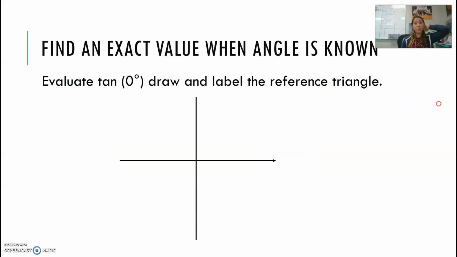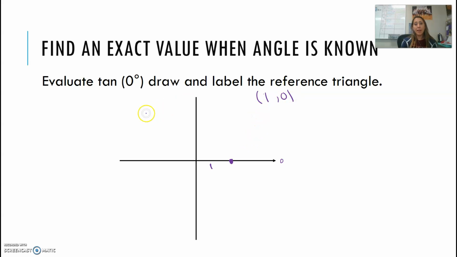We're going to evaluate tangent at 0 degrees. So 0 degrees will be right here, which is our starting point because this is at 0. I'm just going to put a point right there and label this 1. The point is x is 1, y is 0.